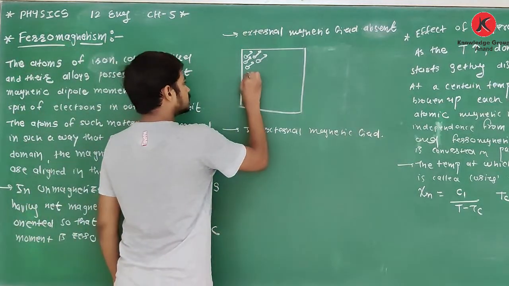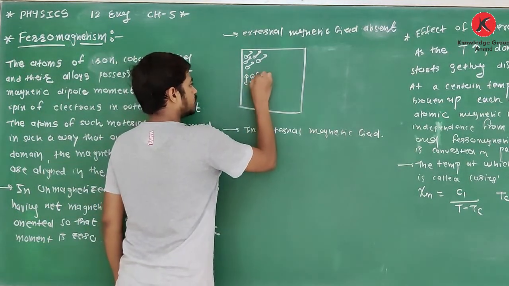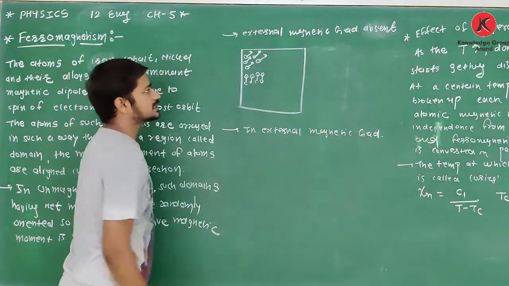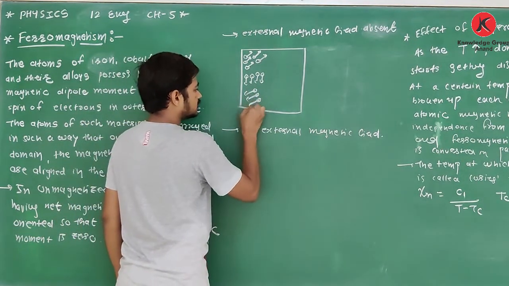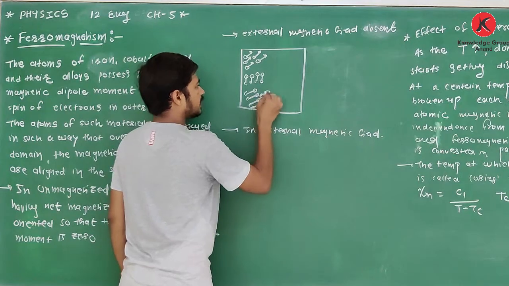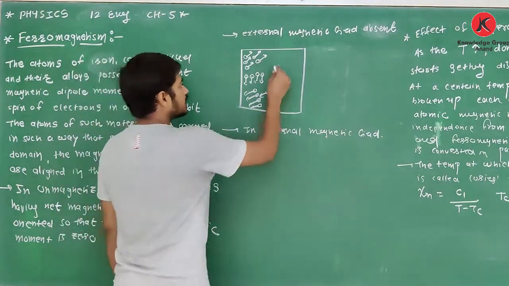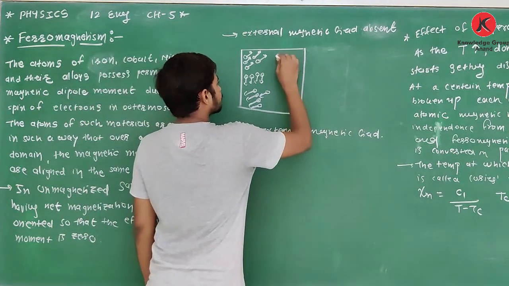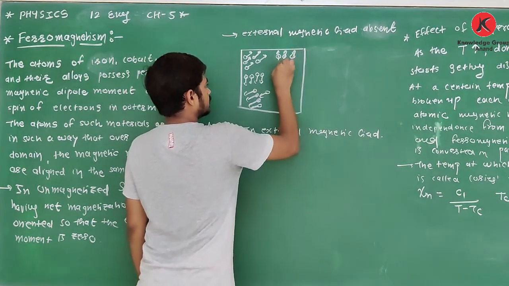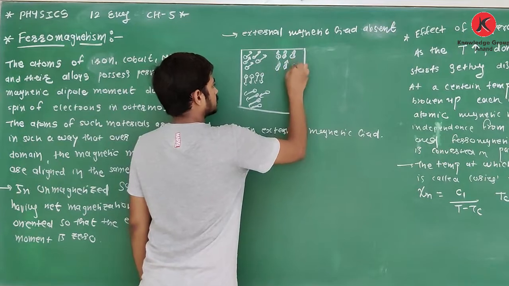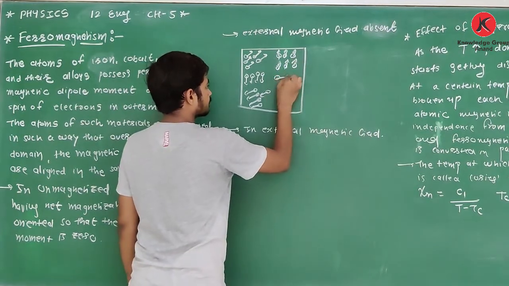In some other region, let the magnetic moments due to atoms be in this direction. In another region, it is like this. Clear about this? Suppose in this region, it is like this.